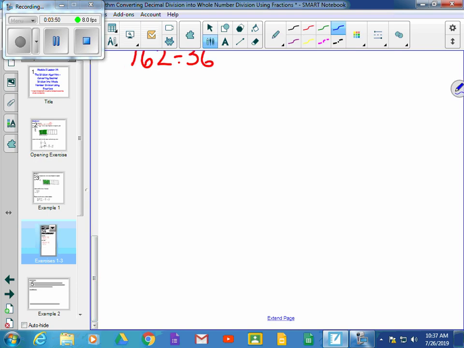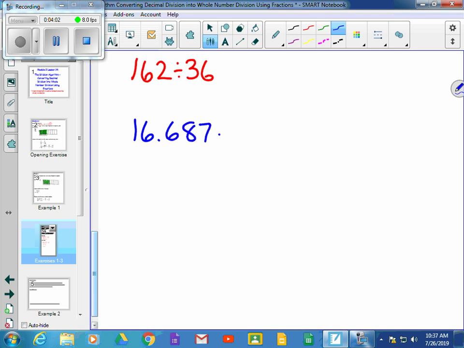Now I want to point one more thing out before we end this little video clip here. What if I have a problem like this? 16.687, and we're going to divide it by 3.4. If I rewrite that as a division problem, as a fraction, it looks like this.